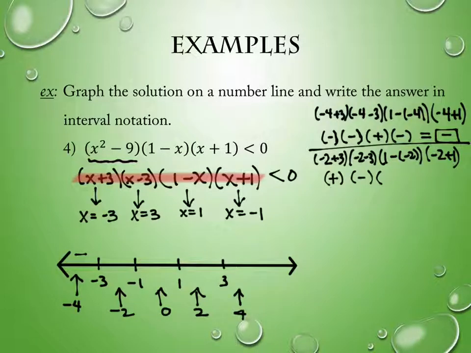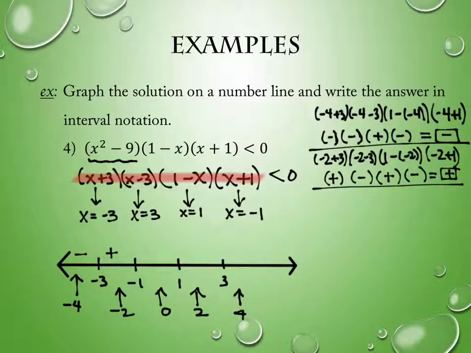What's 1 minus -2? Positive 3. Yeah, so it's positive again. And then -2 plus 1 would be negative. So how many negatives do I get? 2. So what's a negative times a negative? Positive. So this one is a positive, which is kind of what we were thinking was going to happen.